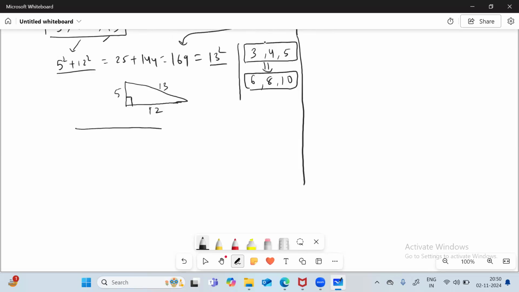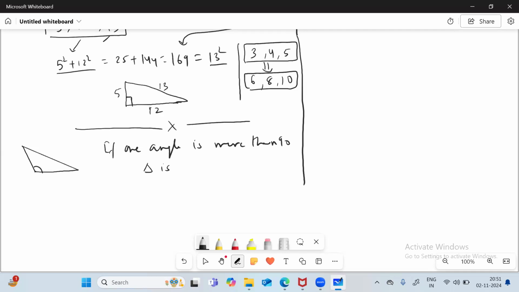Then another type of triangle is when one of the angles is more than 90 and of course less than 180. So let's say this is an angle which is more than 90. If one angle is more than 90, this particular triangle will be called an obtuse triangle.